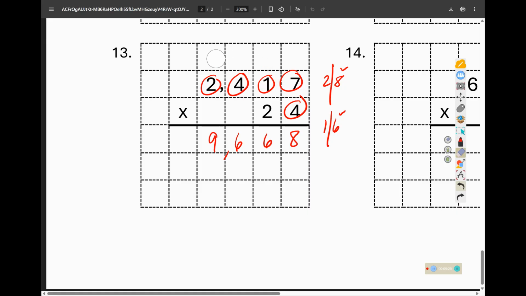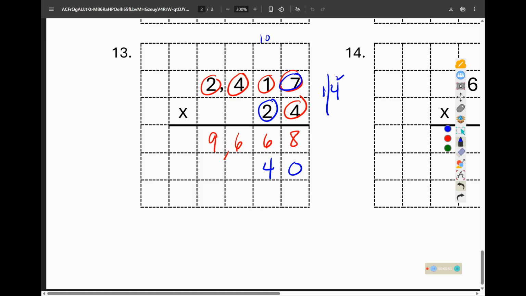I'm going to get rid of this stuff over here. This 2 is in the tens place, so my answer must go in the tens place. I place a 0 to shift everything. 2 times 7 is 14. 4 is on the right.